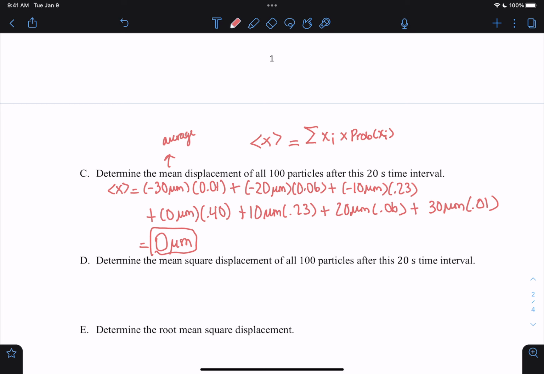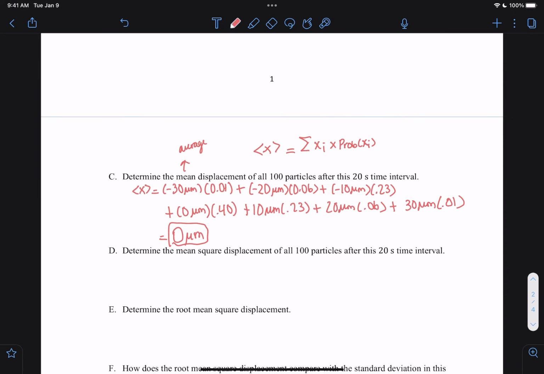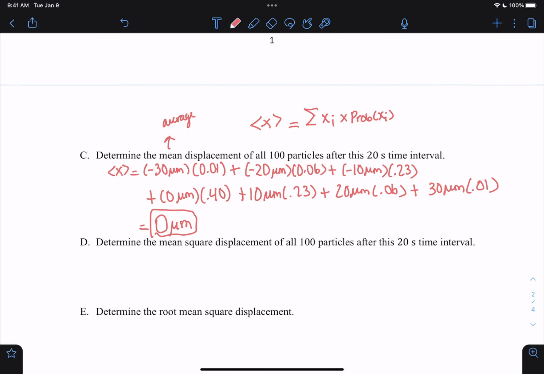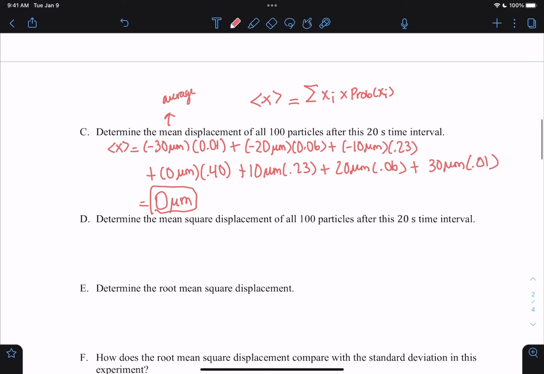Alternatively, you could just say that since it is a simple random walk, the average displacement would be 0, but it's safer to calculate out the mean. I'm pretty sure even the answer key wants you to calculate it out like this. But that's the mean displacement of all the 100 particles.